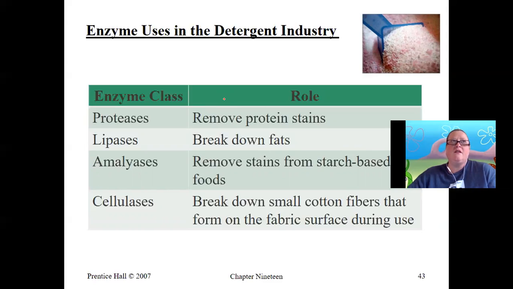So cotton, it comes from a plant, and the carbohydrate in plant cells is cellulose. And cellulose is the fiber, it's wood fiber, but it's also the fiber in cotton.